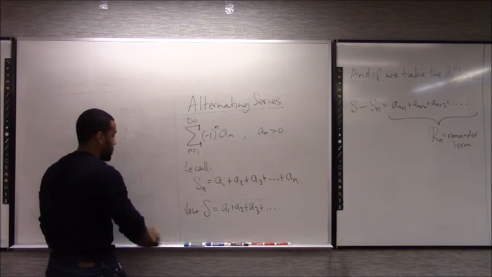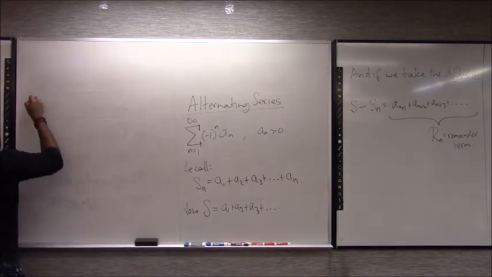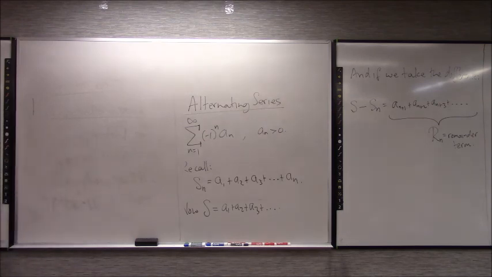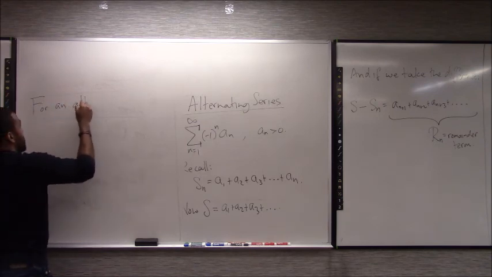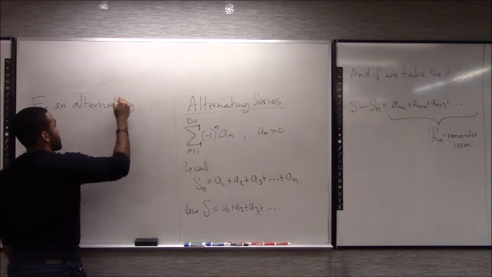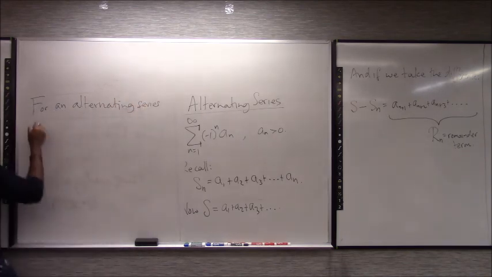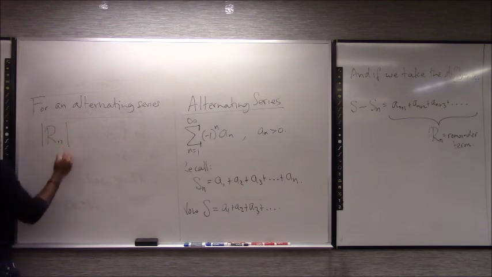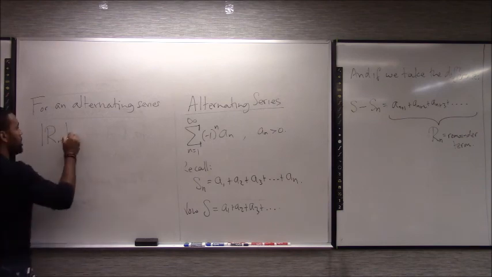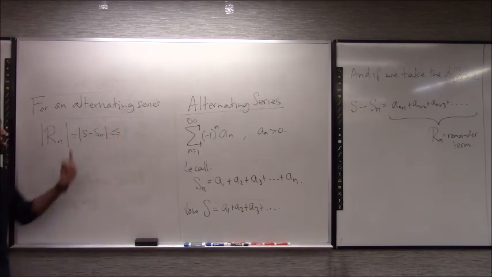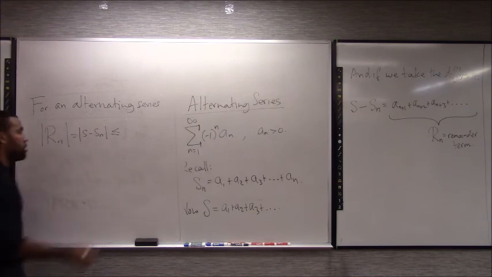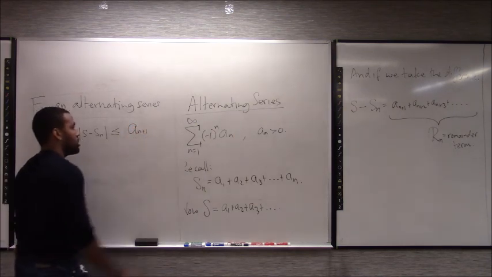For the alternating series, it turns out that the size of the remainder term actually has a very nice relationship, i.e. the size of S minus S_n, the difference between the actual answer and the answer I get by adding up the first n terms, is going to be bounded above by the (n+1) term.